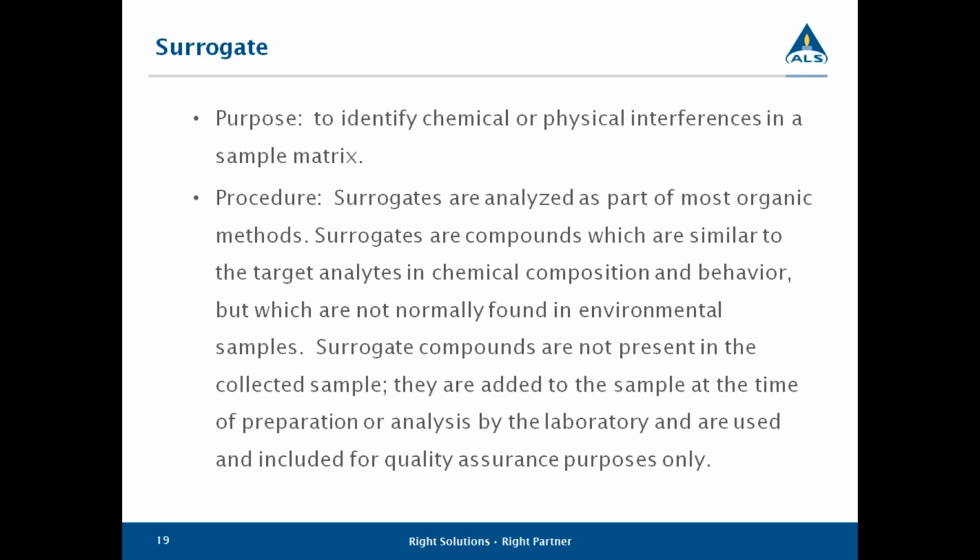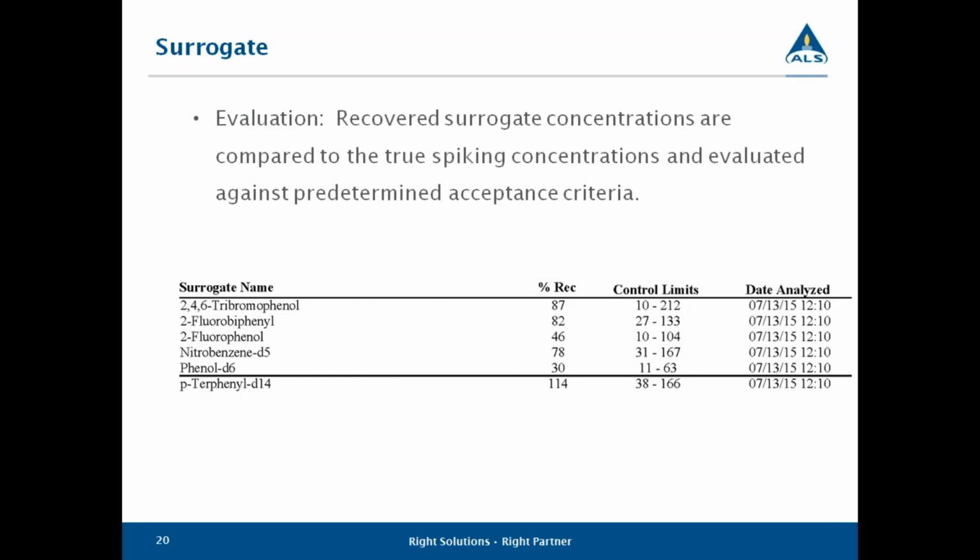Okay, so let's take a look at some surrogates here. This is for a run of semi-volatiles. We have some compounds here like 2,4,5-tribromophenol, 2-fluorobiphenyl and 2,4-dibromophenol. Compounds that are just not found in the environment. They're not in common target lists, but they're very similar to some targets, so they're terrific to use as surrogates.